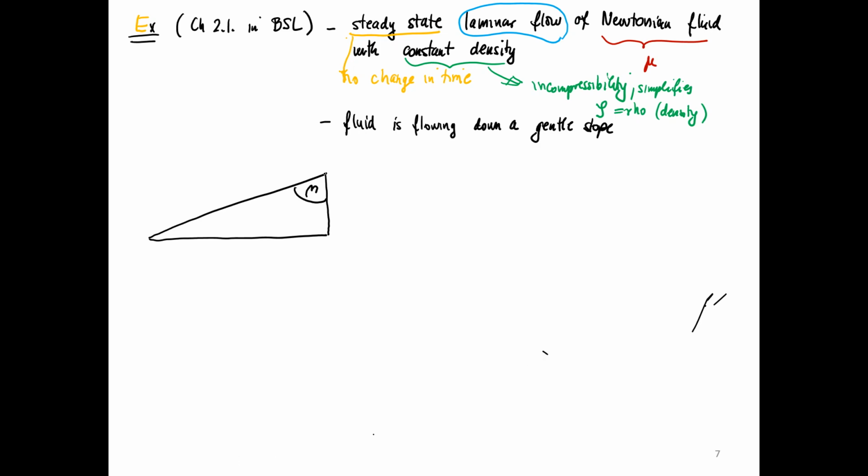The slope is three-dimensional, but I'm going to assume, assumption number one, that nothing really changes in that other direction going into the paper or into the screen.